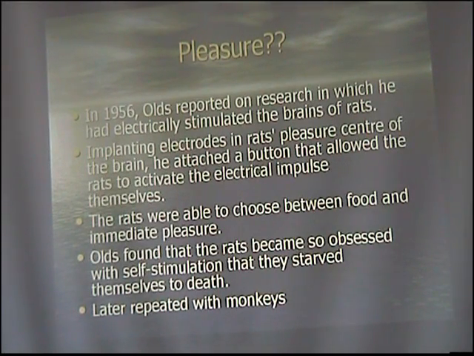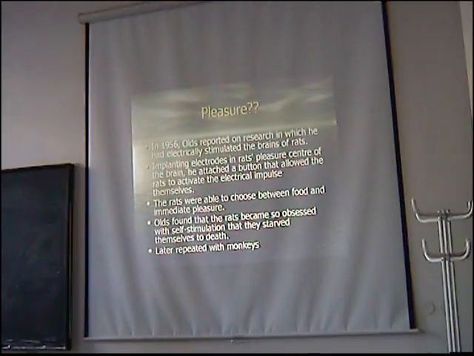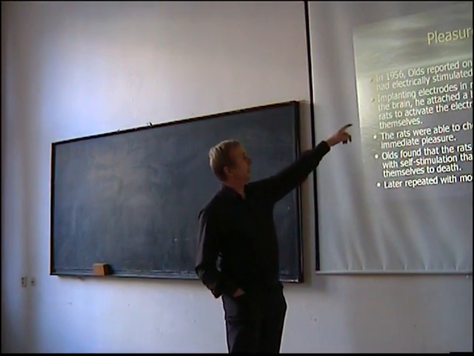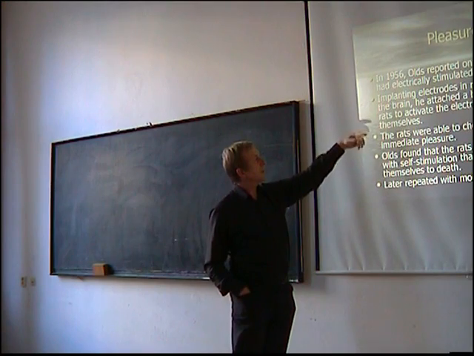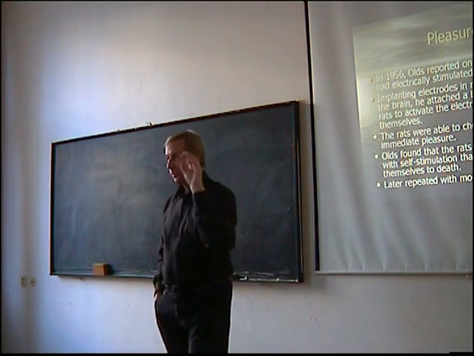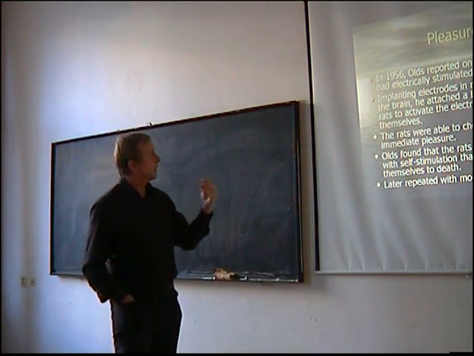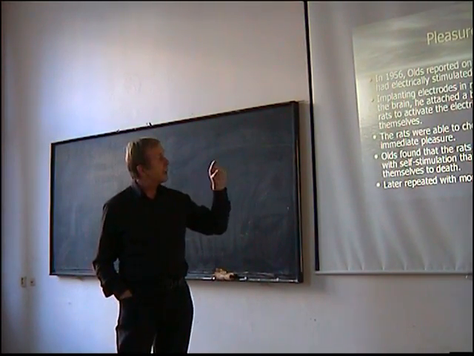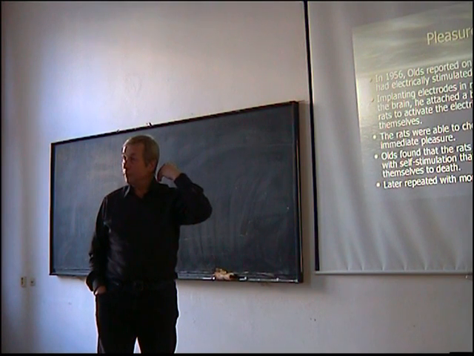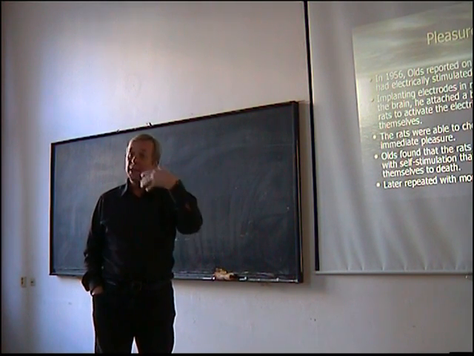So what he did for rats, with electrodes in the pleasure centre of the brain, was a simple button that the rat could push that gave the rat a choice. Either they could press the button which stimulated pleasure, or they could press a button which gave them food. And that was how they worked long term.